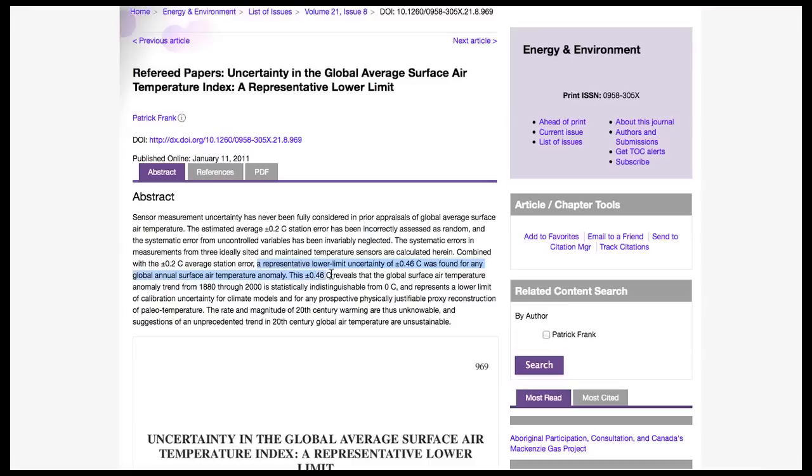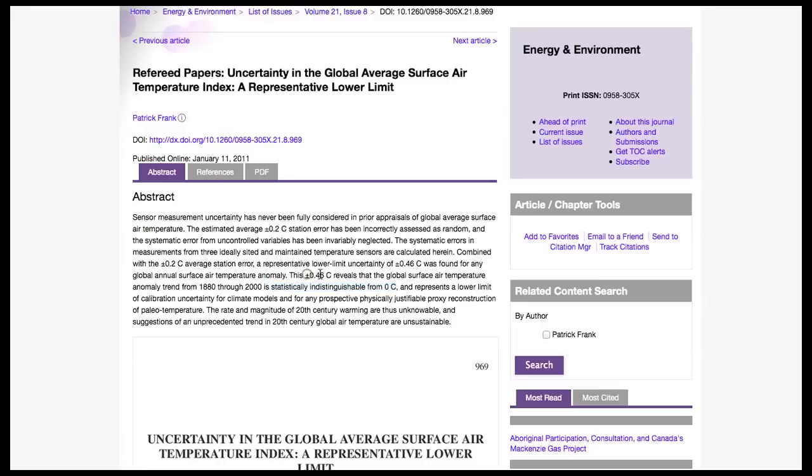This plus minus 0.46 degrees Celsius reveals that the global surface air temperature anomaly trend from 1880 through 2000 is statistically indistinguishable from 0 degrees Celsius. Let me repeat that. Statistically indistinguishable from 0 degrees Celsius.